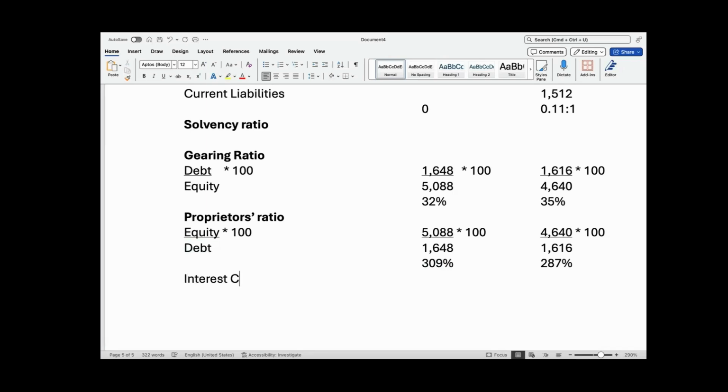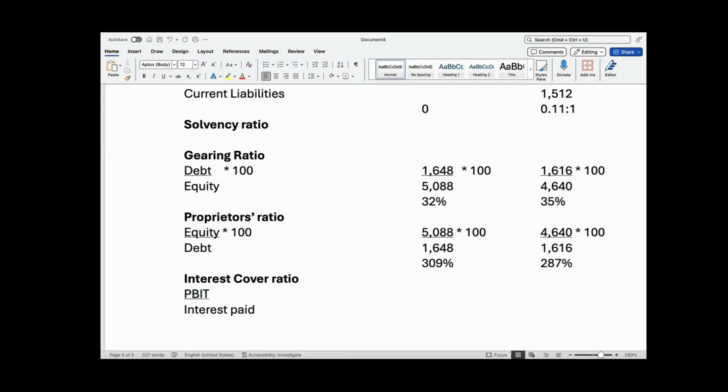Another one is interest cover, which looks at how many times your PBIT, or your profits, can pay your interest.